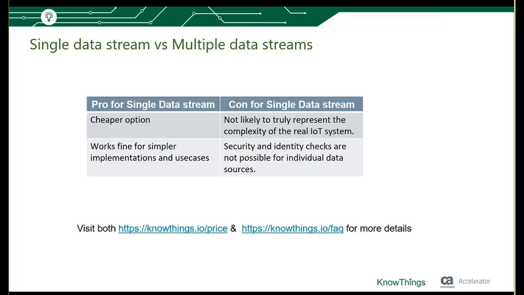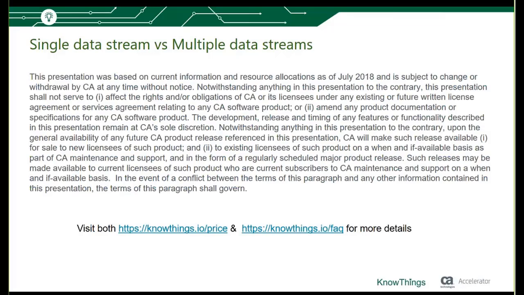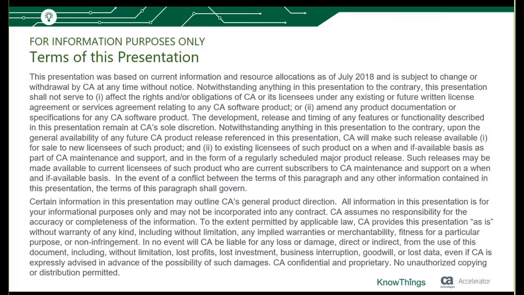So those are a couple of things to think about when you decide how you would want to license. We also have some additional examples in the FAQ, and the pricing page has more details. And of course, if you have any questions or suggestions, please reach out to us. With that, I'll move to the end of the presentation.